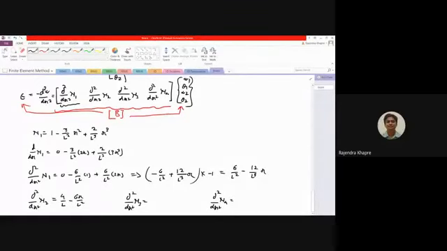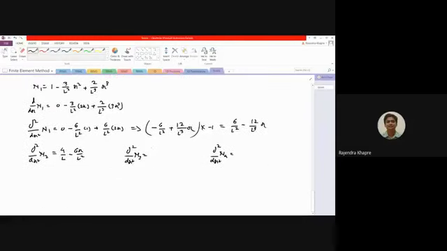Now multiply this by minus and tell me the final result, so that I can put it in matrix form. Sir, 12. Sorry, 12x by L cube.